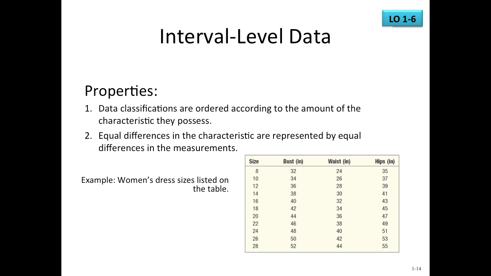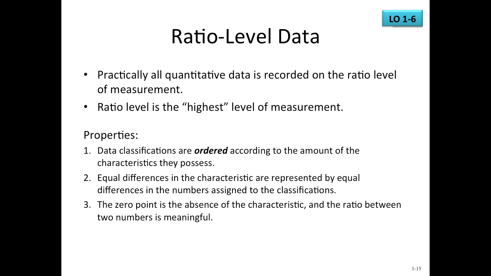Interval has labels and order and adds the equal spacing in between the intervals. So dress size, some could argue this, should be the same between size 8 and 10 as it is for 10 to 12. And ratio has all of the properties of the levels below it, along with a meaningful 0 point.